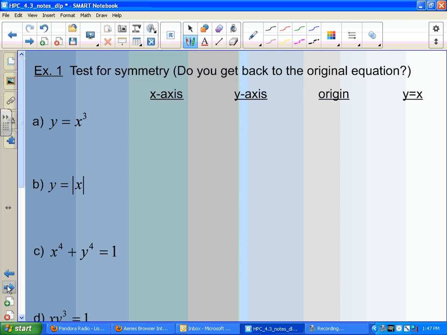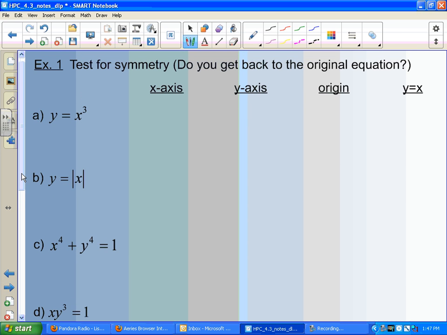All right, so here's that part where I said you could tell based off of just the equations. You don't have to graph it whether or not you have symmetry. So we're going to test these for all four of those cases and see if we have symmetry on any of them. And then we will look at the graph so we can get an idea. Remember, what's our default way of finding the graph of any function?